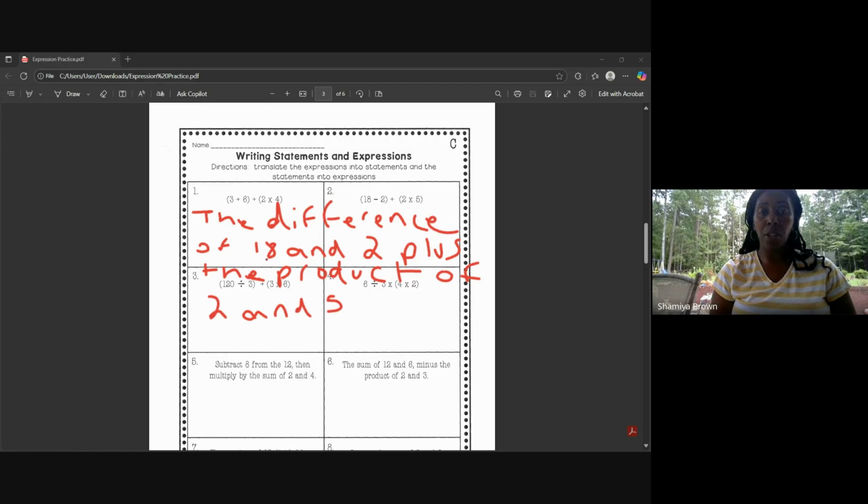So the difference of 18 and 2 plus the product of 2 and 5. So that's one way to write it.